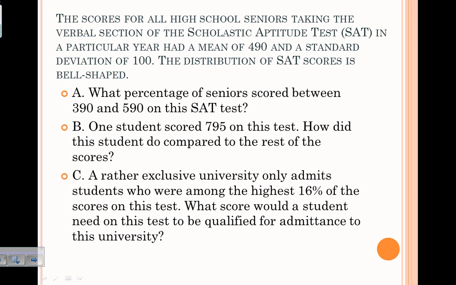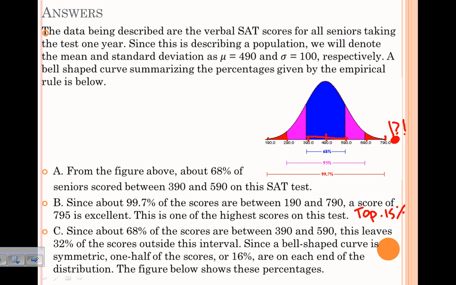So, a rather exclusive university only admits the students who are among the highest 16%. Where would that fall? You'd have to have a score of 590 or better.